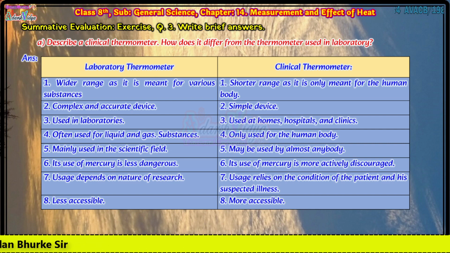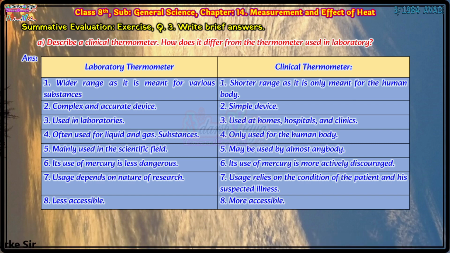Often used for liquid and gas substances. 5. Mainly used in the scientific field. 6. Its use of mercury is less dangerous. 7. Usage depends on the nature of research. 8. Less accessible. Now, the clinical thermometer.